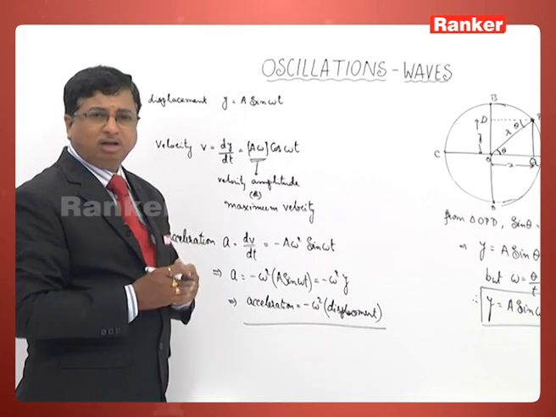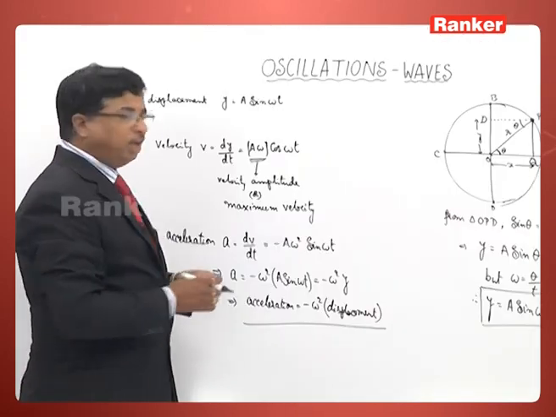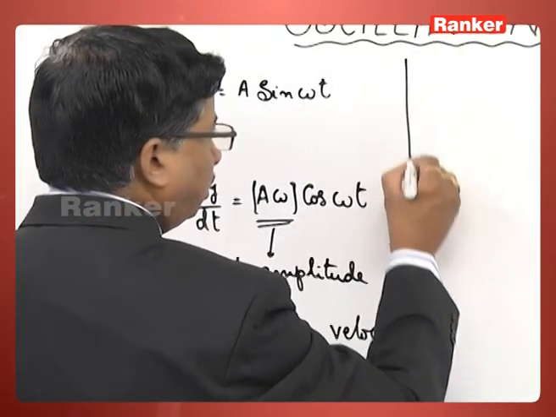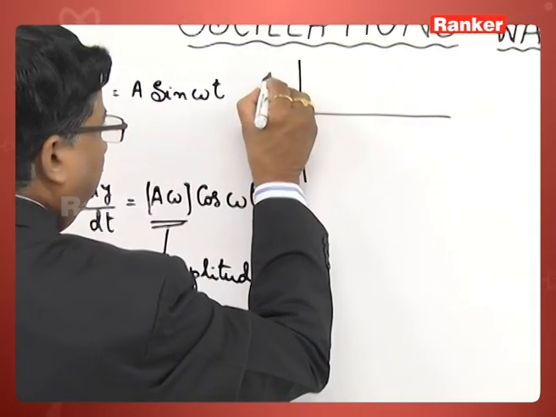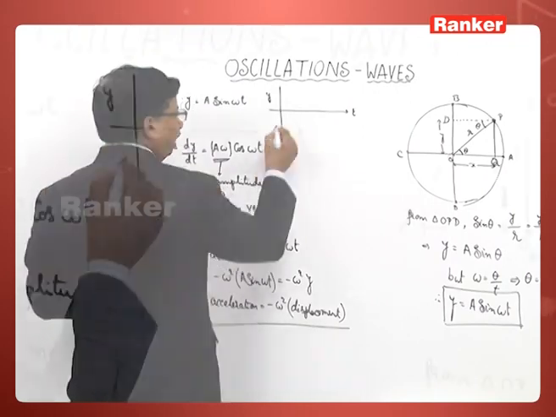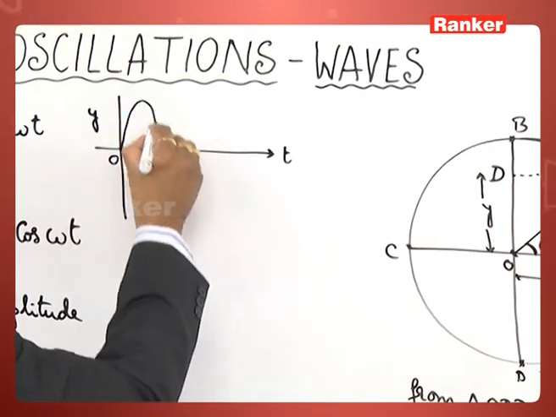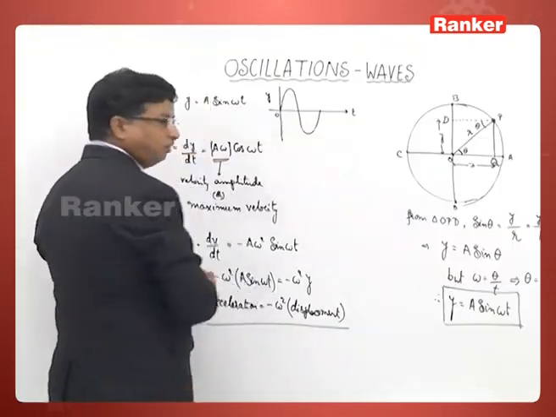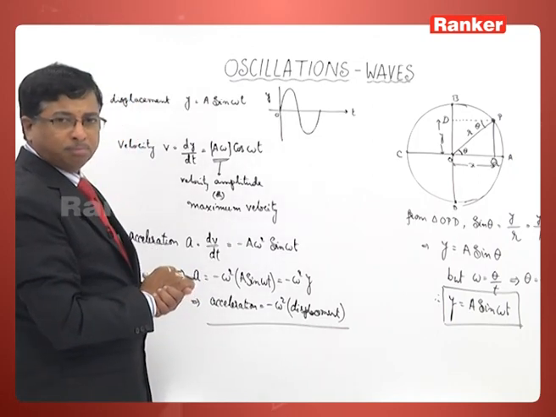But what is a variable here? It is the time. Therefore, when we plot a graph between displacement and time, I will get a sine functional graph like this, a sinusoidal waveform.